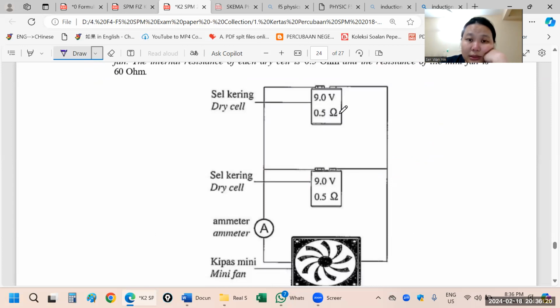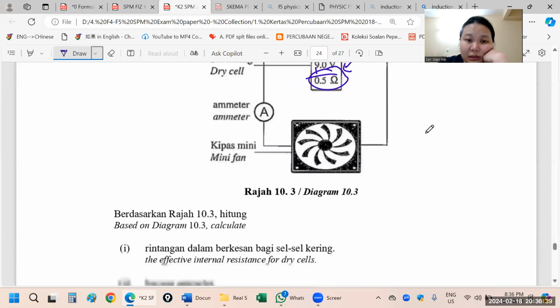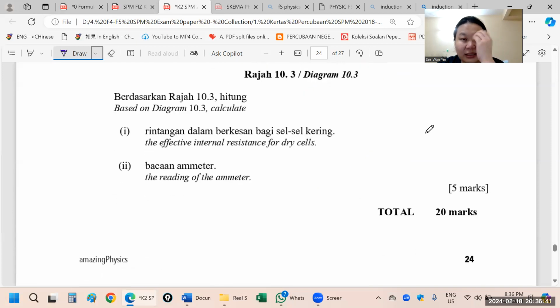Means you can make the effective resistance become smaller. So 1 over R plus 1 over R, 1 over 1.5 plus 1 over 1.5 equals to 1 over, smaller internal resistance. Okay.